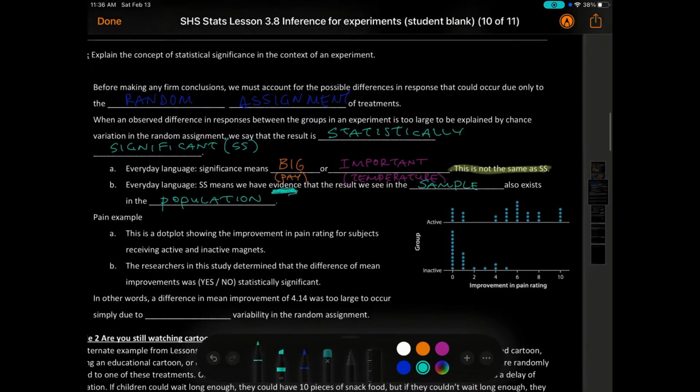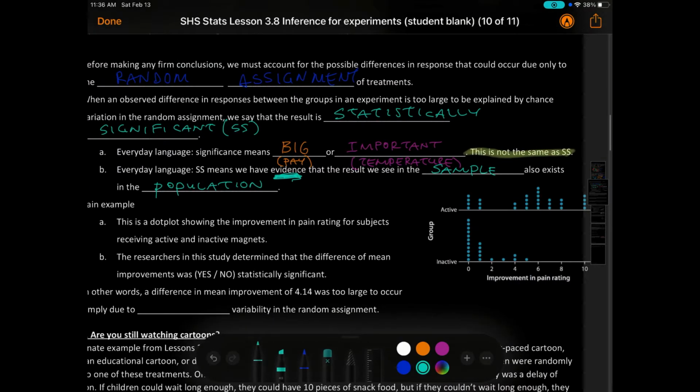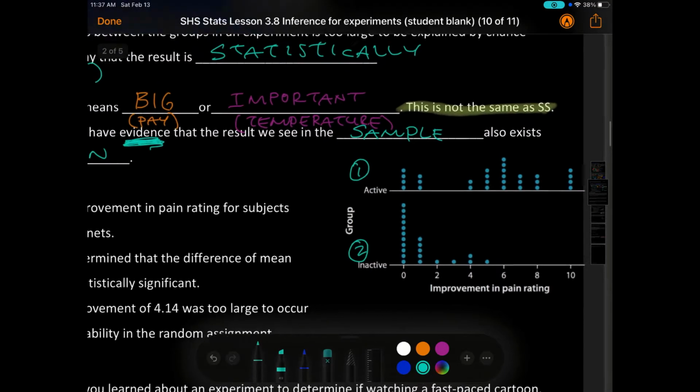All right, look at this dot plot here. I think this was an example of the Botox. I don't know, maybe it was. But you have two groups here, and their treatments were maybe asked to be active, like 1 hour of stretching and exercise, and then the second treatment was inactive.